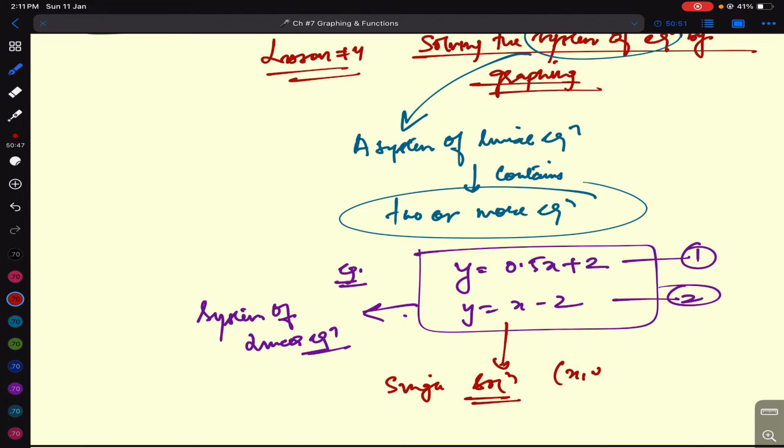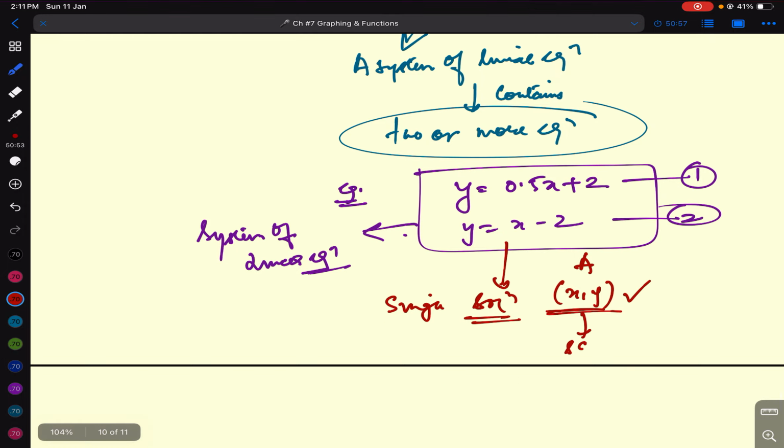So when we talk about the solution, it's a single solution. Okay, let's represent that with (x, y) or the point A. So this one satisfies both 1 and 2, so that satisfies both equations 1 and 2. Now how do we figure out this point as a solution?